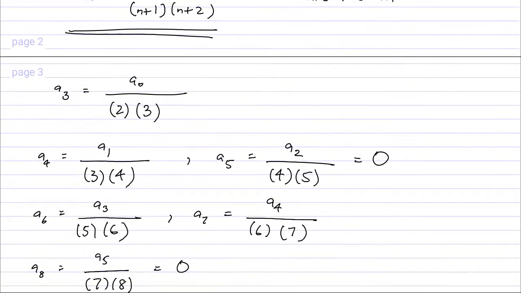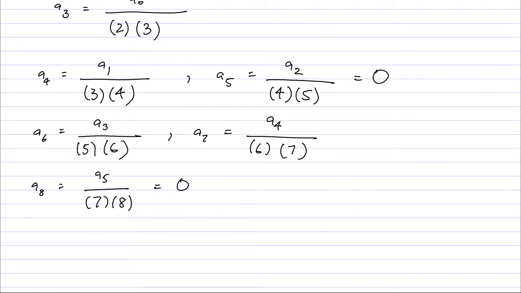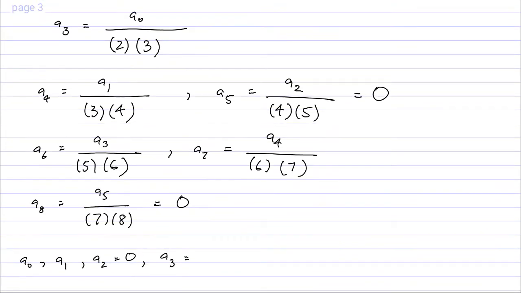So in other words, you don't know a0, you don't know a1, you know that a2 is equal to 0, then you know that a3, in terms of a0, is simply equal to a0 over 6, right?